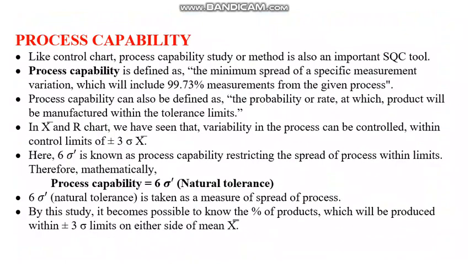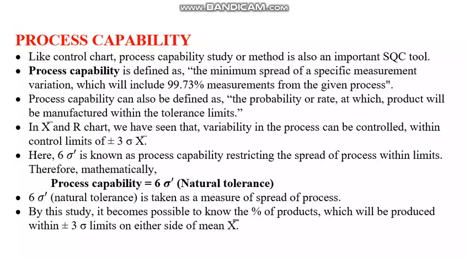Now the next topic is process capability. Like the control chart, the process capability study or method is also an important tool of statistical quality control. First let us define what process capability is.